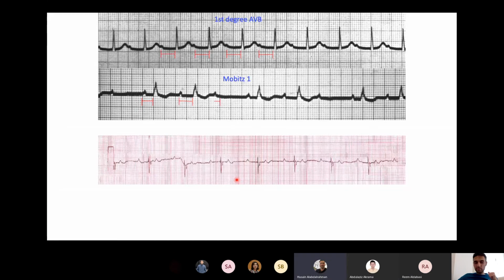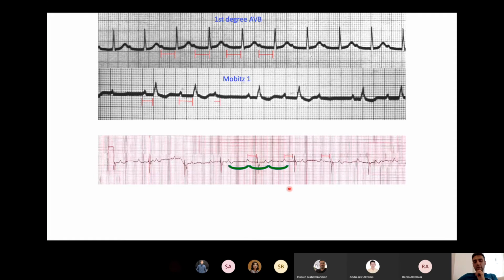Because the PR is the same every time before the drop. Okay, but there is a dropped P wave, right? Yeah. So if you march them through, this sharp deflection within the T wave is unusual for a T wave. If you measure the interval between this deflection and the subsequent deflection and so forth, you will see them coming perfectly.